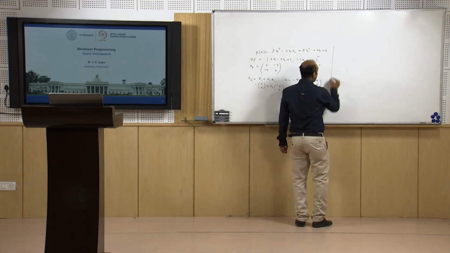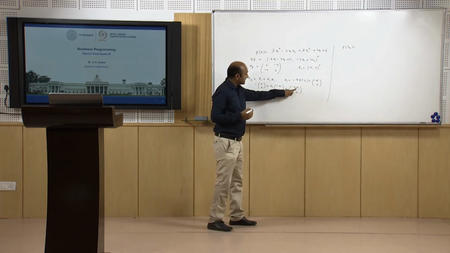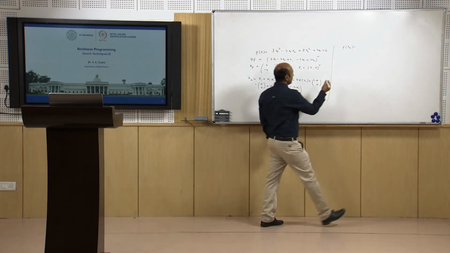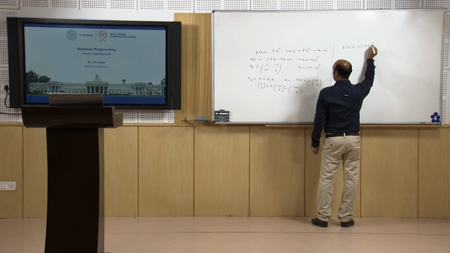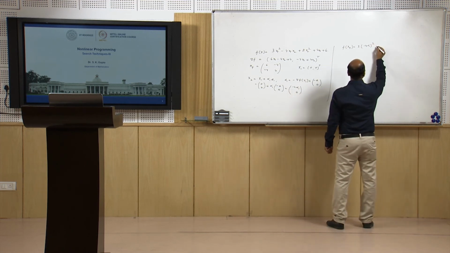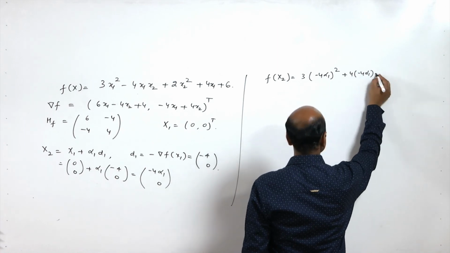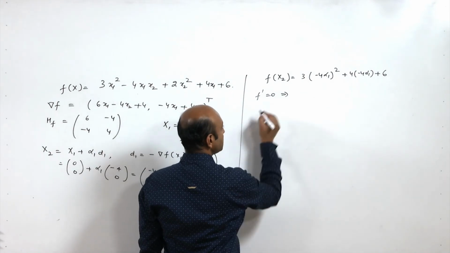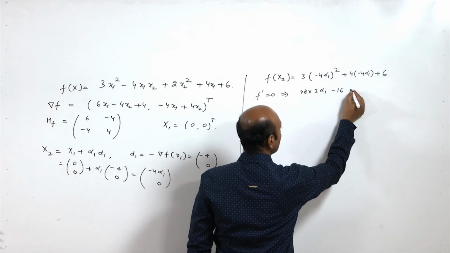So, what is f of x2? You replace x1 by minus 4 alpha 1, x2 by 0 here. So, it is 3 into (minus 4 alpha 1) square, plus 0, plus 4 into minus 4 alpha 1, plus 6. Put derivative equal to 0, this implies 48 into 2 alpha 1 minus 16 equal to 0.